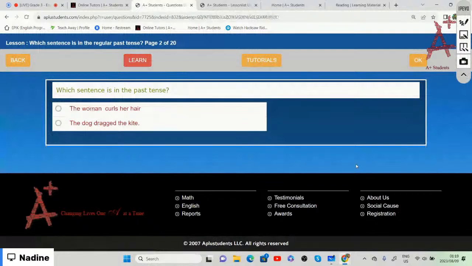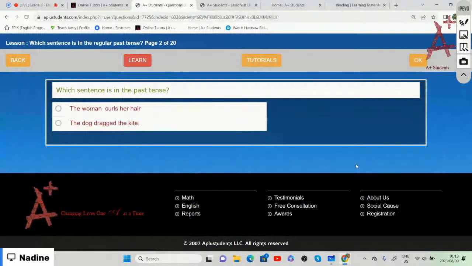Which sentence is in the past tense? The woman curls her hair, or the dog dragged the cat, right? Keeping in mind also that when we have a regular past tense verb, we add ed, or at least the basic ones.